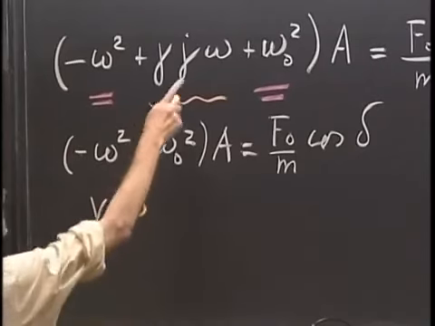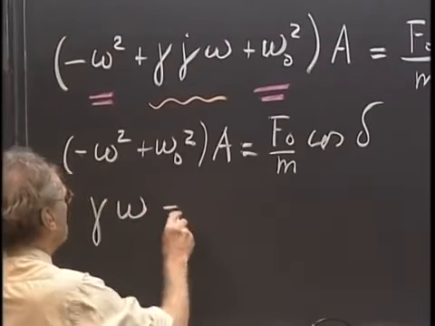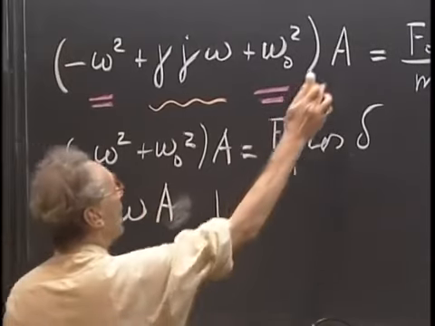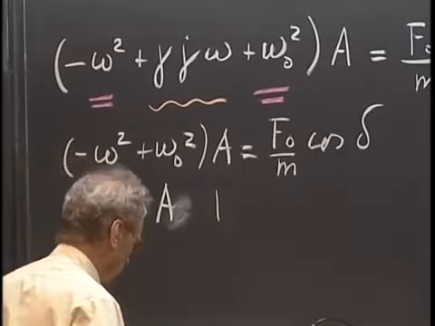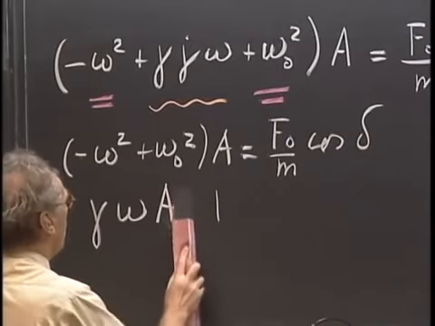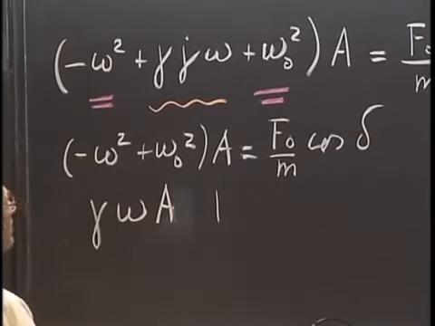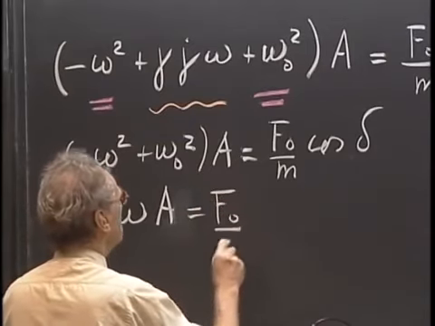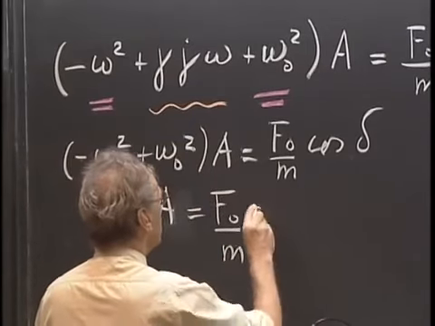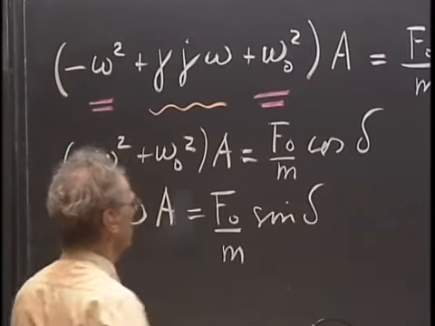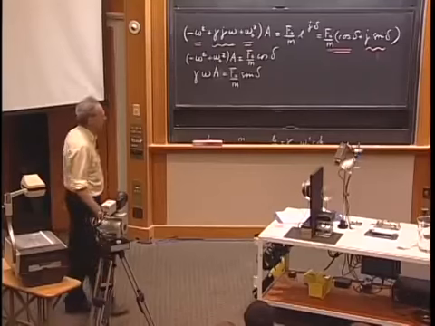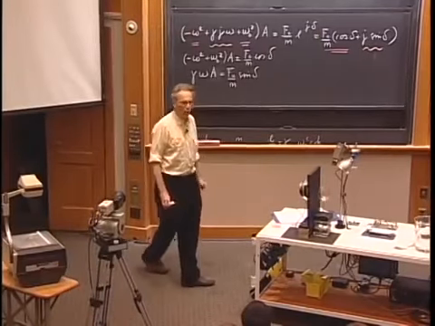Gamma omega times a, I still have this a here, equals f0 divided by m times the sine of delta. Two equations with two unknowns, a and delta, and they're easy to solve.